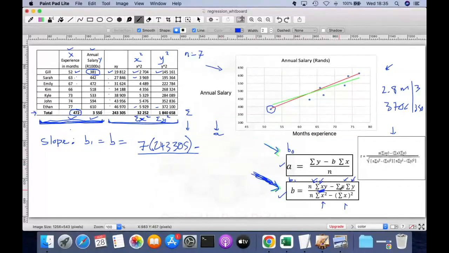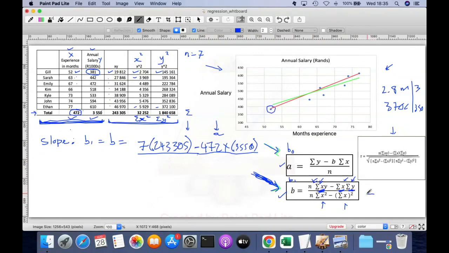Minus, then the next thing we need to put in is sum x. Sum x is 472 from our table, times sum y. Sum y is 3550. Then we're going to divide that.